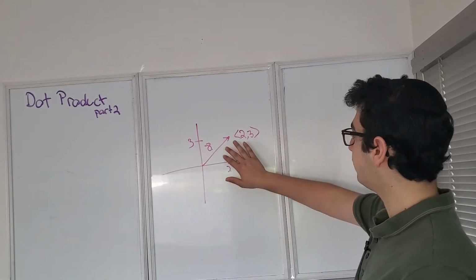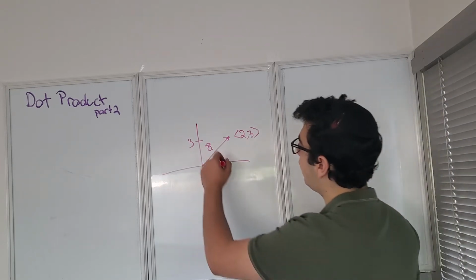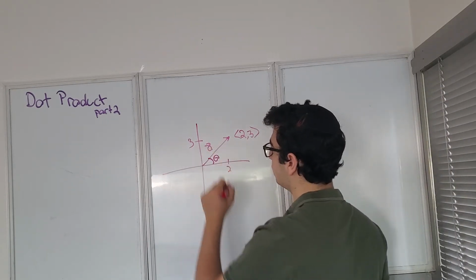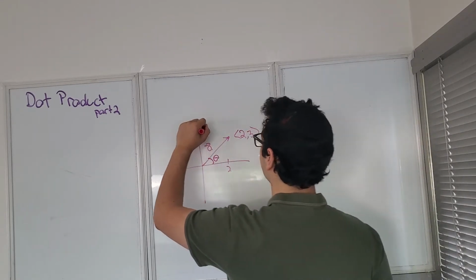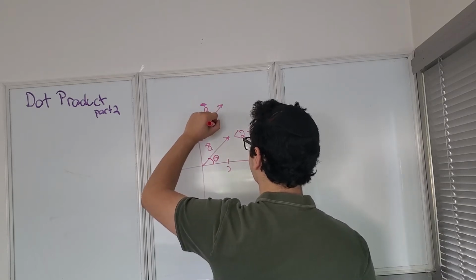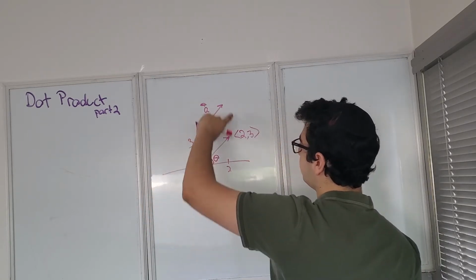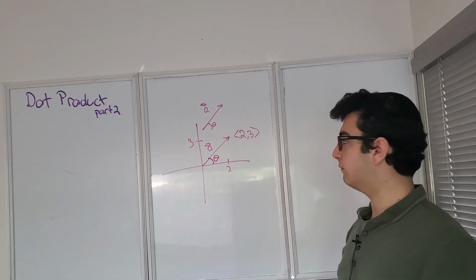This vector has some sort of magnitude, some sort of length to it, and also some sort of angle to it. It doesn't matter where I put this, as long as that theta is the same and that magnitude, that force, is the same, I still have that same vector.